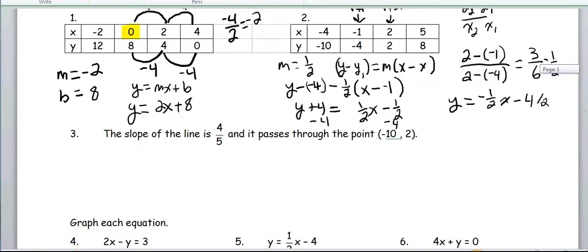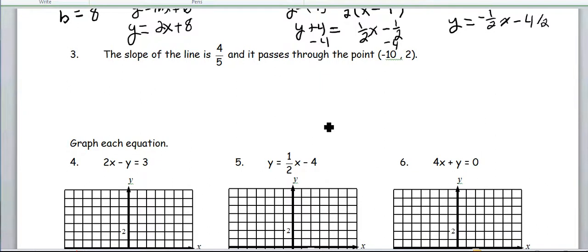Alright. Number 3. The slope of a line is 4/5. So my slope, I'm going to write m equals 4 over 5. And then it passes through point negative 10, 2. So again, we use that formula, the y minus y1 equals the slope times x minus x1.